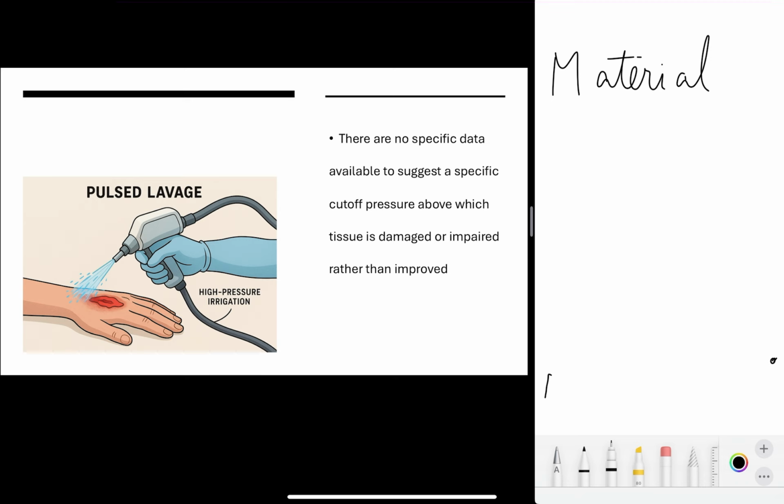So, for highly contaminated, dirty wounds, these high pressure irrigators will reduce the bacterial load. When you weigh the risks and benefits, it will outweigh the risk of speculative adjacent tissue damage associated with the use of high pressure irrigators.